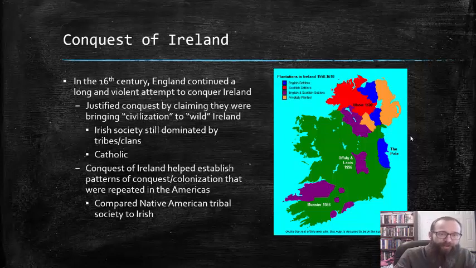And this conquest of Ireland really helped to establish similar patterns of conquest and colonization that were repeated in the Americas, particularly related to this tribal, clannish nature of Irish society. Once the English met Native Americans in the Americas, they had an analog there. They really compared them to their experience with the Irish tribes and clans.